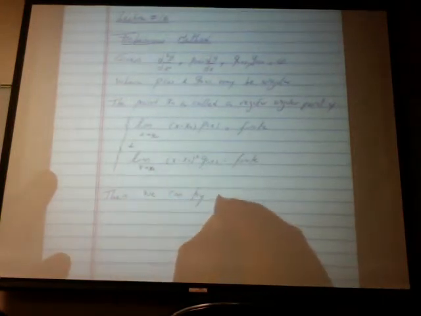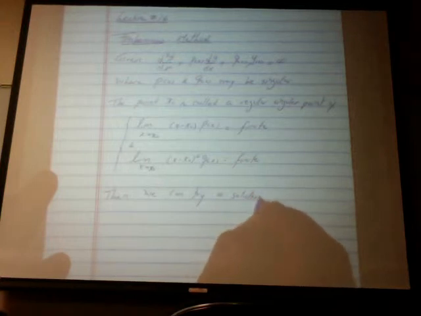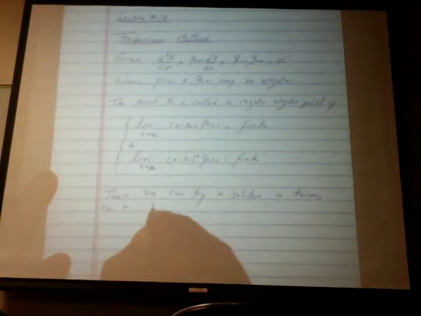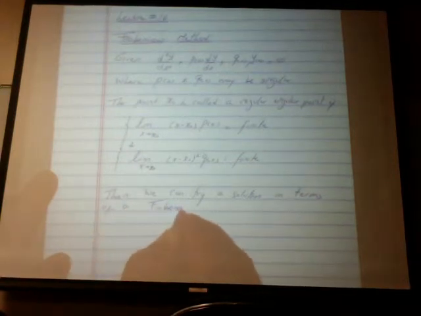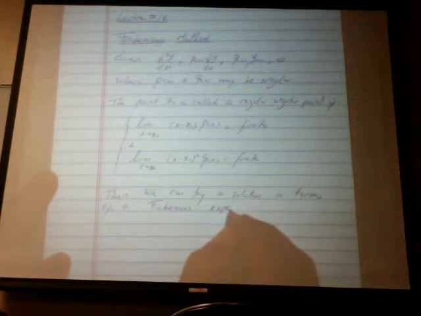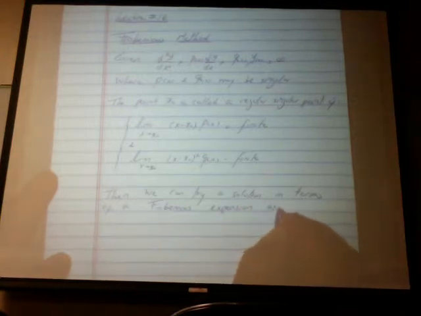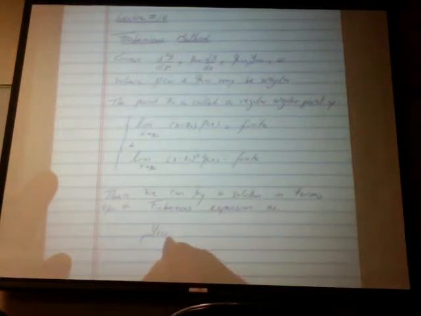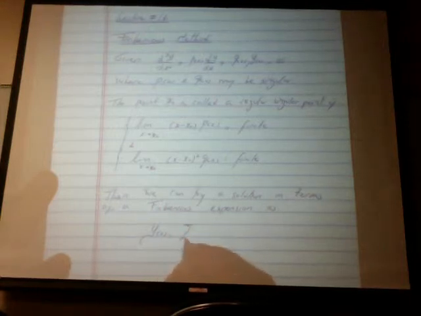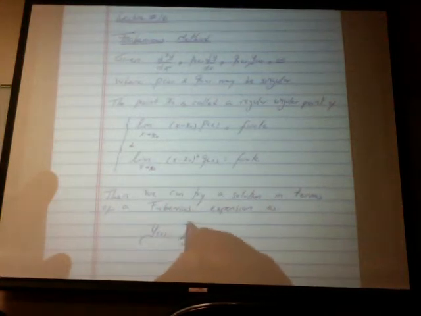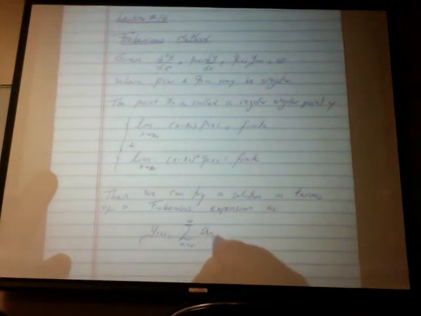Then we can try a solution in terms of a Frobenius expansion, so we can try y of x equals the summation from n equals 0 to infinity of an times x minus x0 to the n plus k.